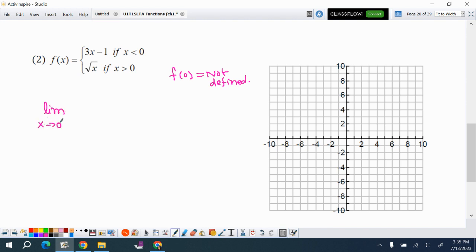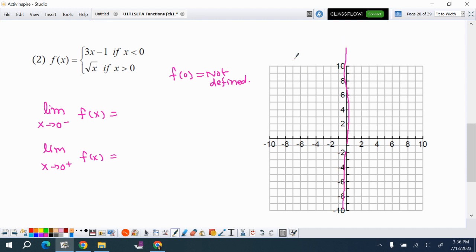Limit as x approaches 0 from the left. It's very important that you know which function to use from the left and right. 0 from the left, that means on the left side. And if you want, you can say this is your boundary.